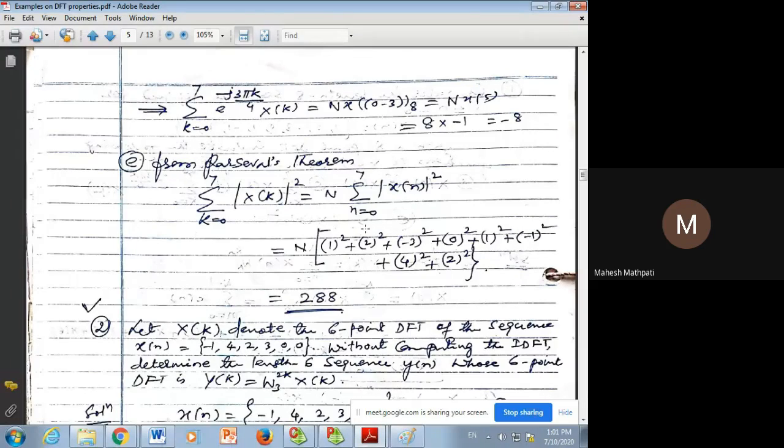So this is another way of asking the question with the circular time shift property again.